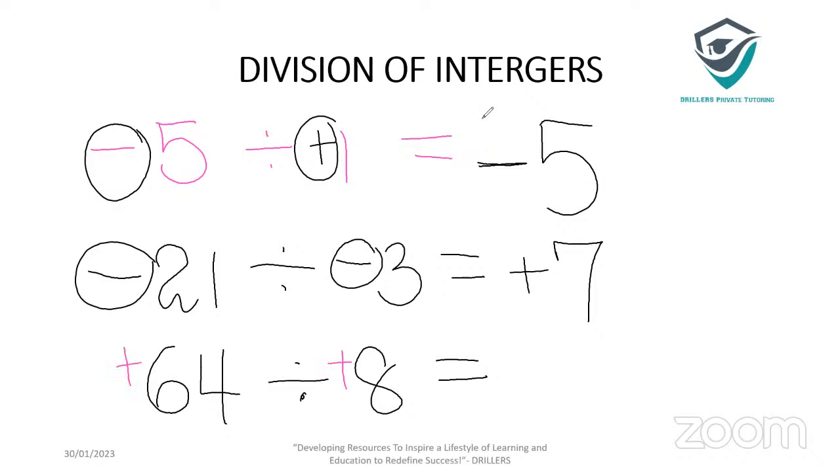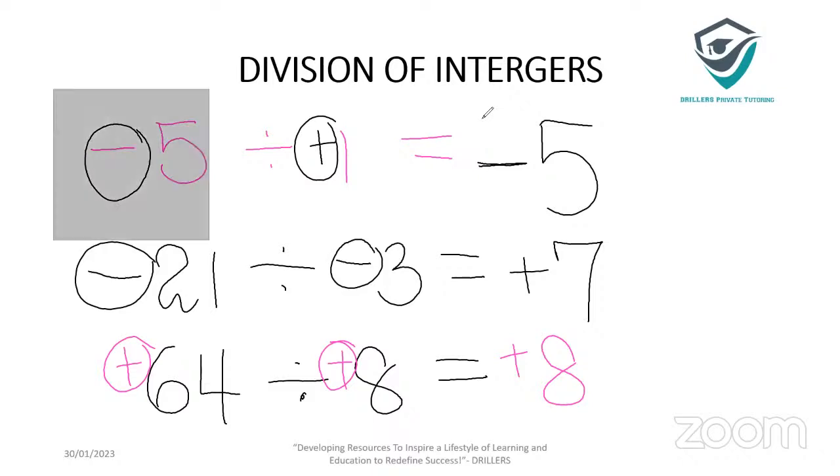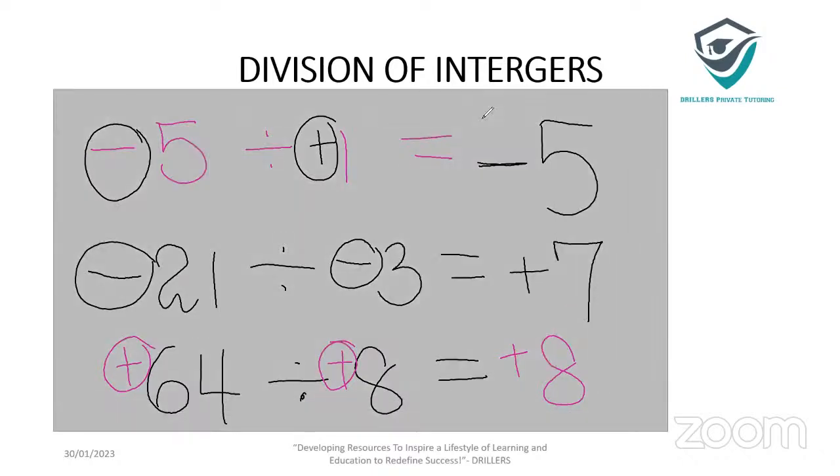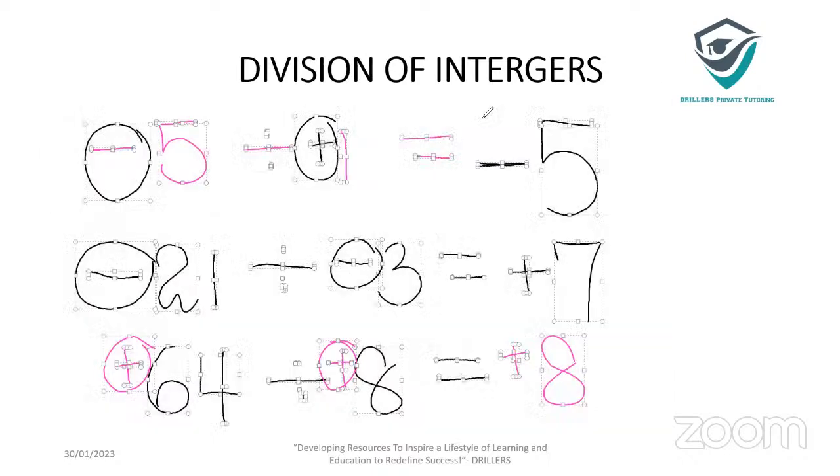So 64 divided by 8 will give us 8. And because we have the same signs, this 8, our quotient, is going to be positive. So we're going to look at one more example for division of integers.